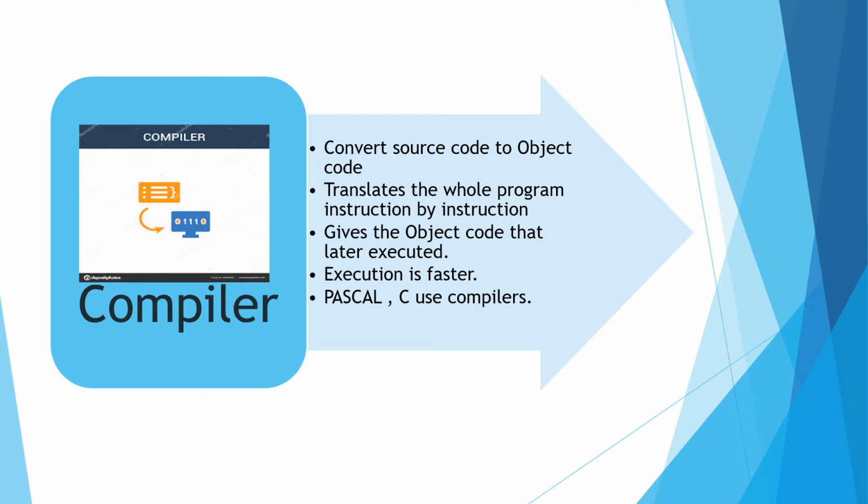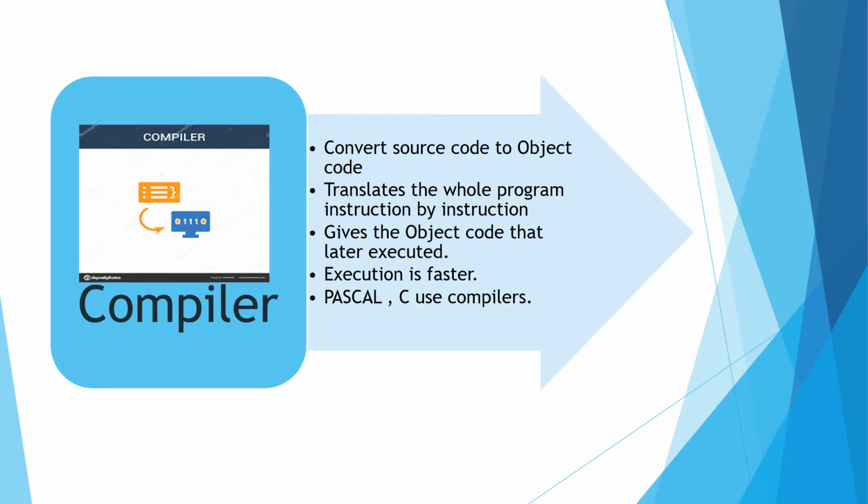The execution speed of a compiler is faster, especially if your program contains loops. The compiler is not involved in the execution of the program.